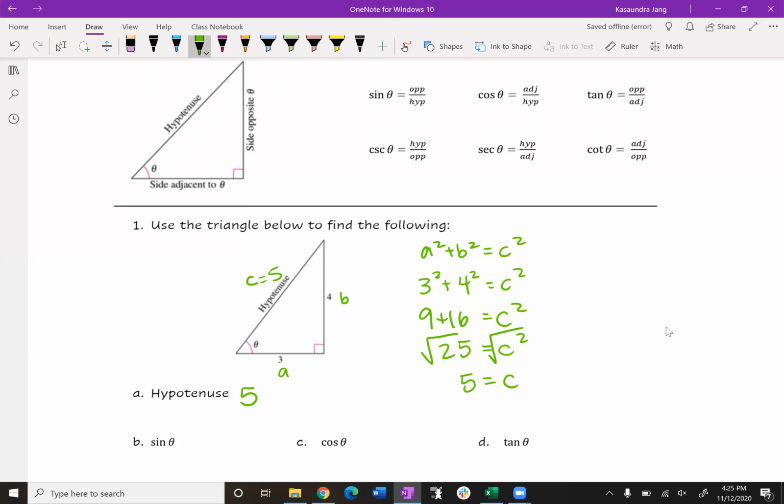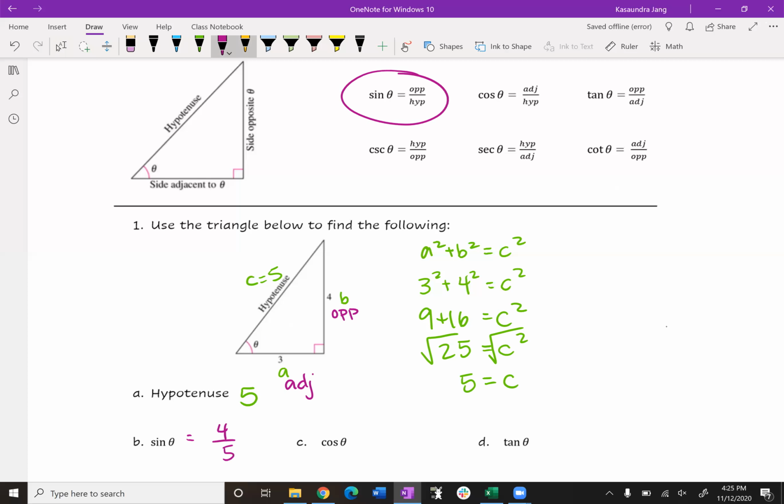Okay, and then we're going to use that for the other trig functions here. Sine is the opposite over hypotenuse. So the opposite side from theta is the 4, and then my adjacent side next to theta is the 3. So I will do my sine, opposite over hypotenuse, so in our case 4 over 5.